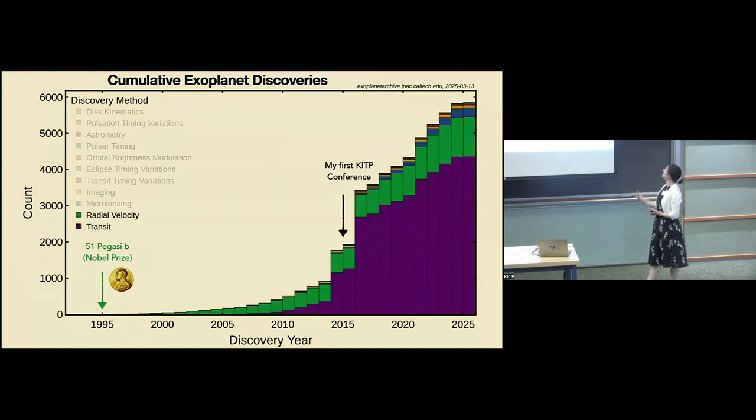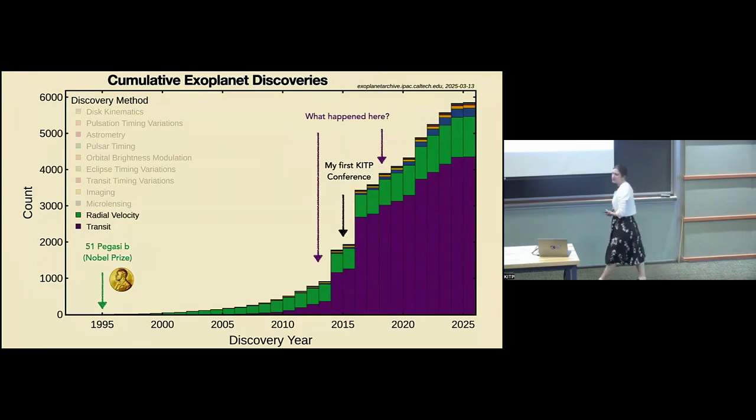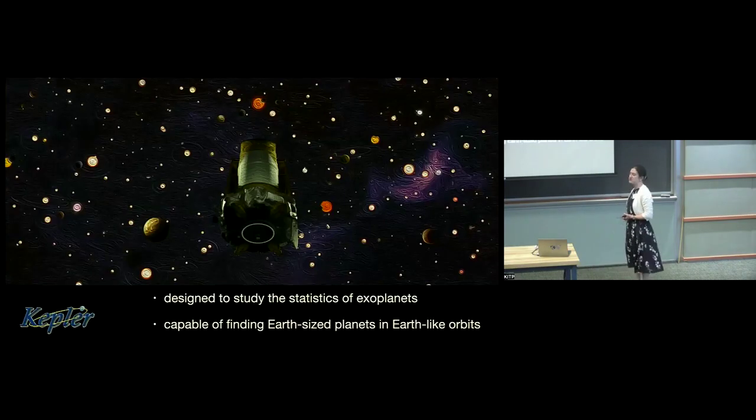You might notice that around the time of that conference, something really interesting happened with an explosion of new planet discoveries. And those are thanks to the NASA Kepler mission. This is a mission that was designed to study the statistics of exoplanets. And from its design specs, it was capable of finding Earth-sized planets in Earth-like orbits.